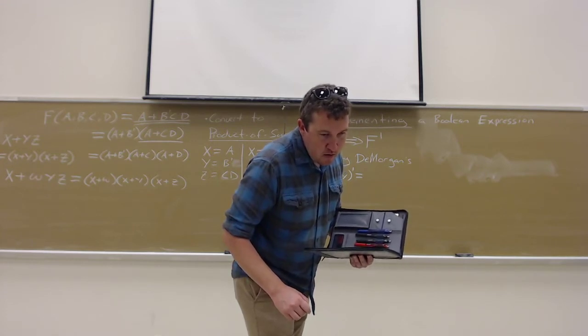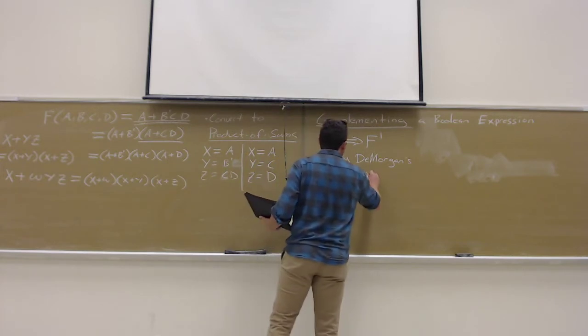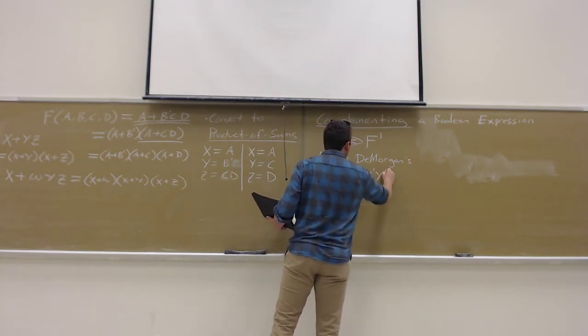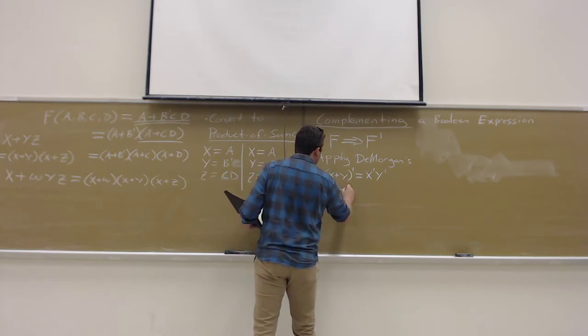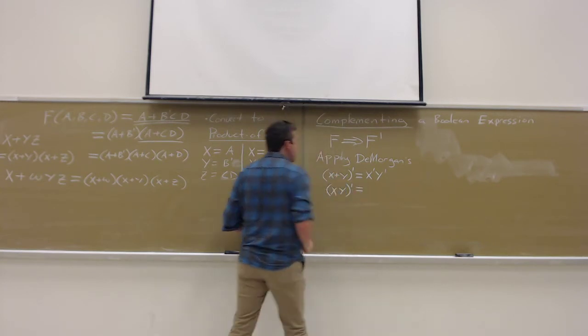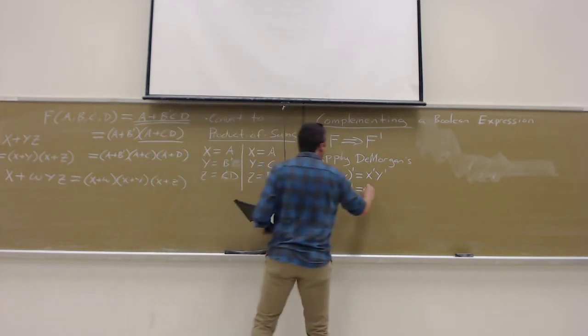It's equal to X naught and Y naught. By that same token, X and Y, all naught, is equal to what? X naught or Y naught.